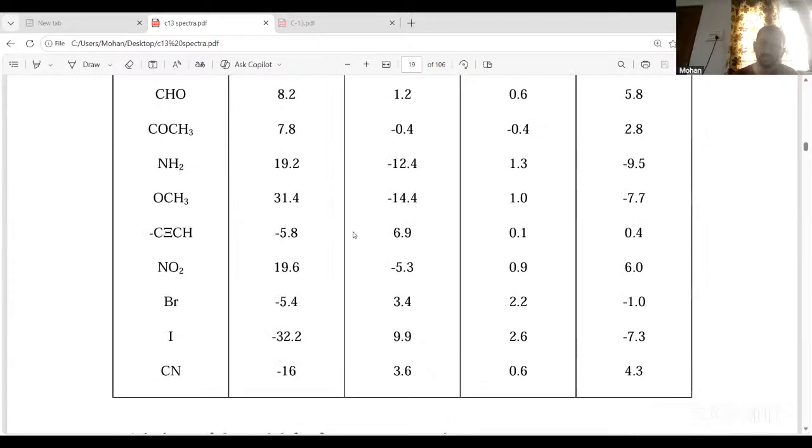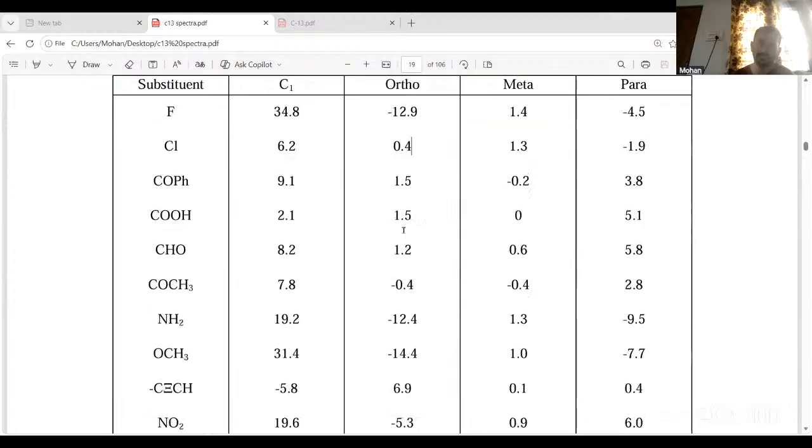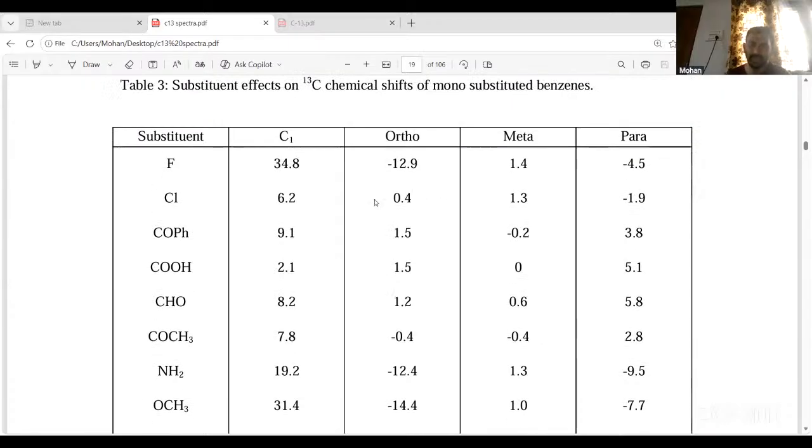So these are the values to add to 128.5. The base value taken for benzene is 128.5, and based on the substituent and its position, ortho, meta or para, you can add the values as per this table.